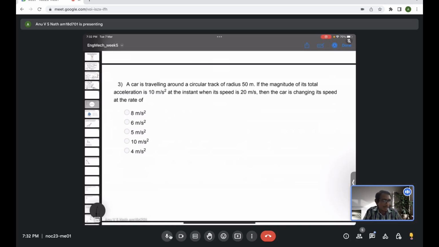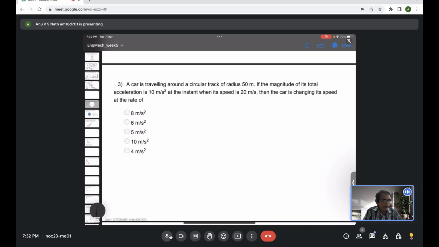There are two things involved. When it is going through a circular track, it will actually have a rate of change of its own speed. Also, because it is trying to move in a circular track, it will experience a centrifugal force or centrifugal acceleration.